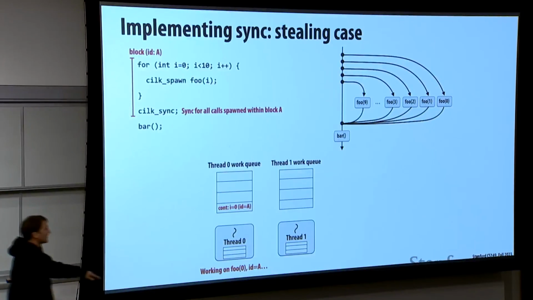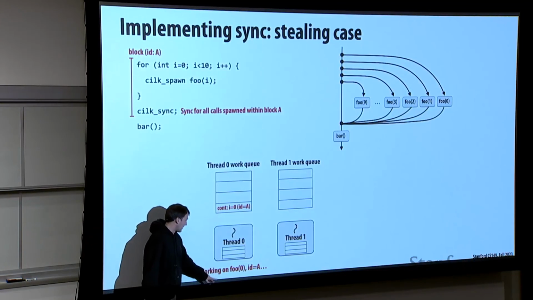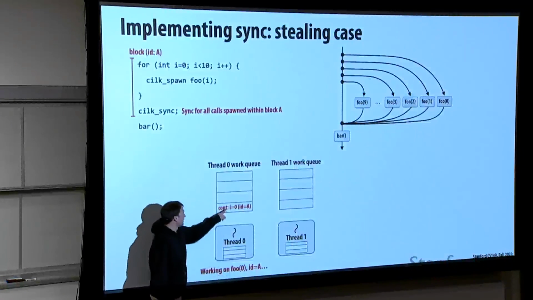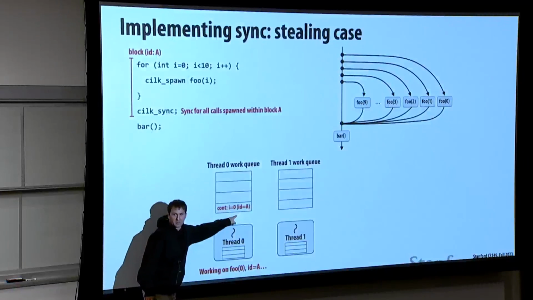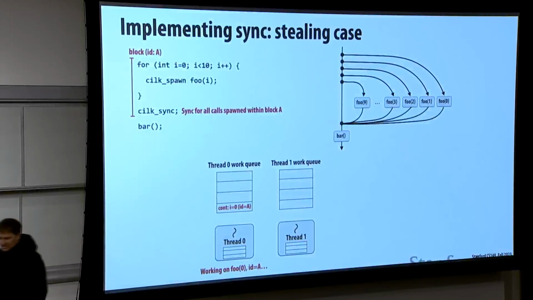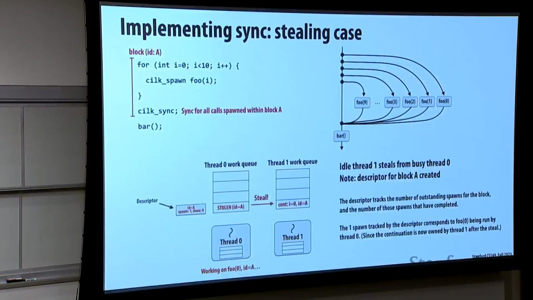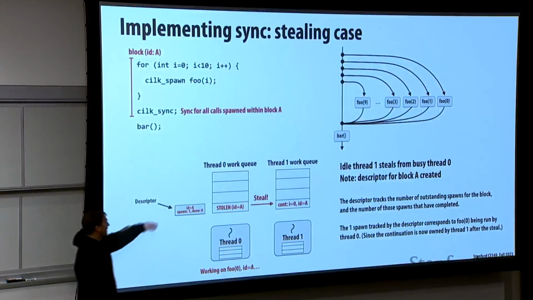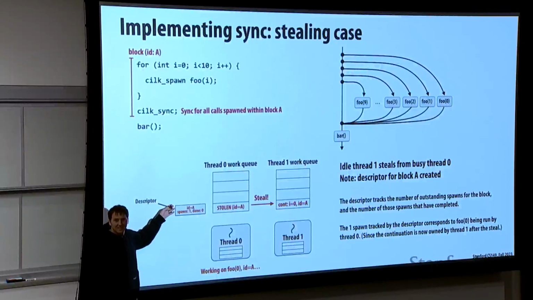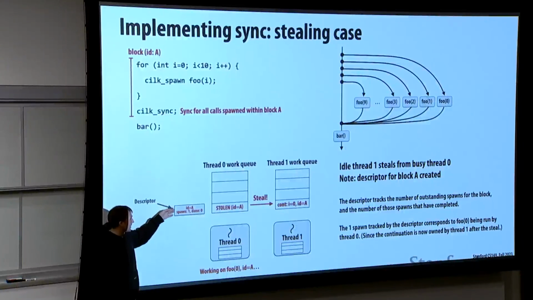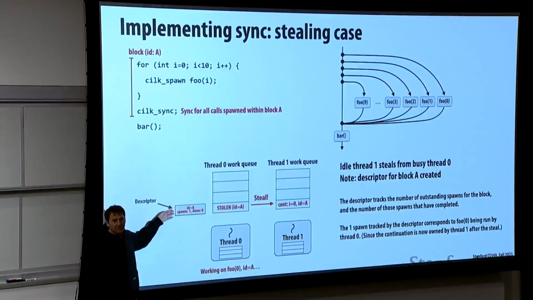So let's go back to the very beginning here and say I'm working on foo 0, and the continuation is the rest of the loop for block A. And at some point, the thing may get stolen. And if it gets stolen, Cilk's going to have to keep a note off to the side. So there's this note of here are the things that have gotten stolen from your work queue. Okay.